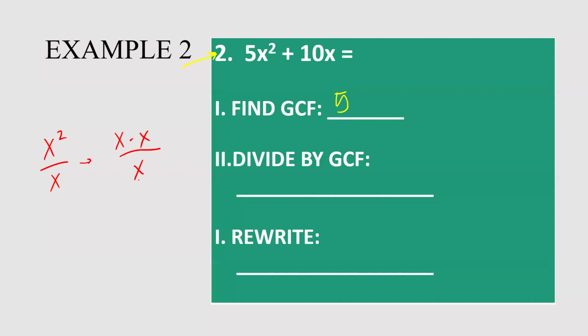In the numerator and denominator, they only have how many x's in common? 1, right? Do we see that? So that's why when you're comparing variables, you're only looking for the smallest variable power. My smallest variable power is x to the 1. So therefore, my variable GCF is x. Make sense?